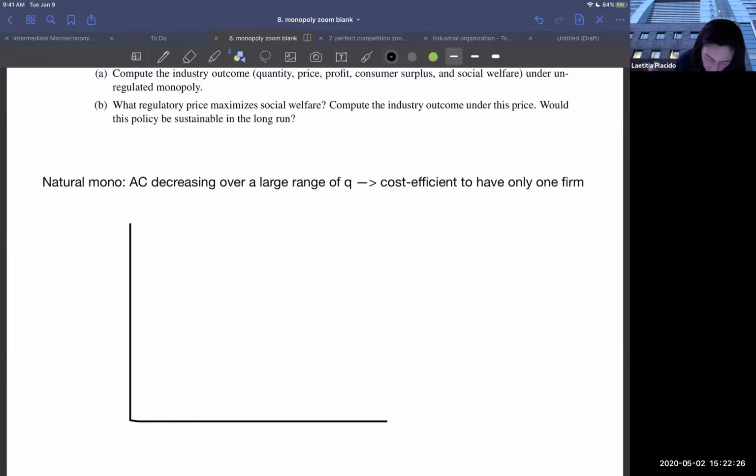I'll draw the decreasing part of the average total cost, and we are going to assume that the market demand falls in that decreasing part of the average total cost. So the market demand is somewhere.